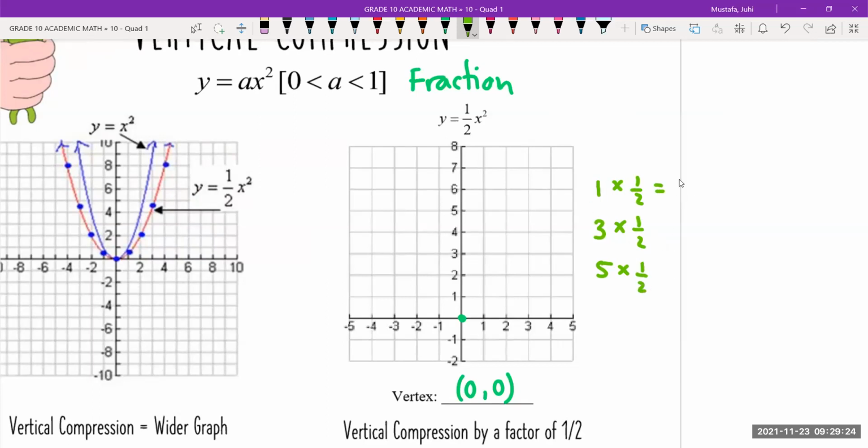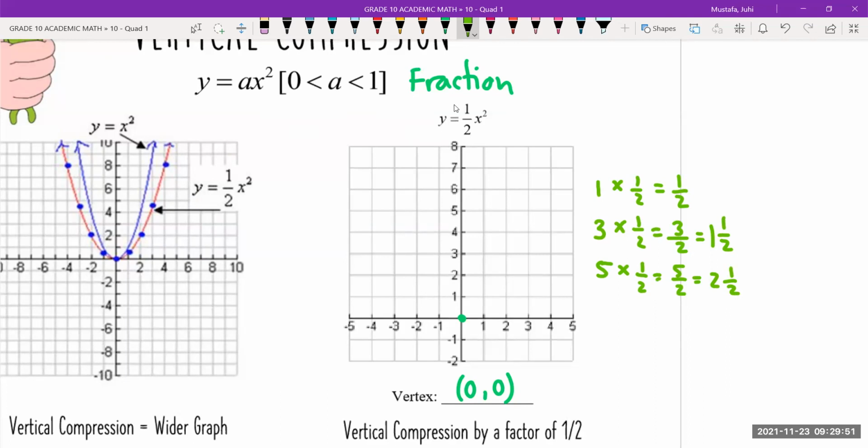Okay, 1 times a half is just a half. 3 times a half is 3/2, but I want to convert it to a mixed fraction so it's easier to graph. So that's just 1.5. 5 times a half is 5/2, which is going to be 2.5. And that's all you do.